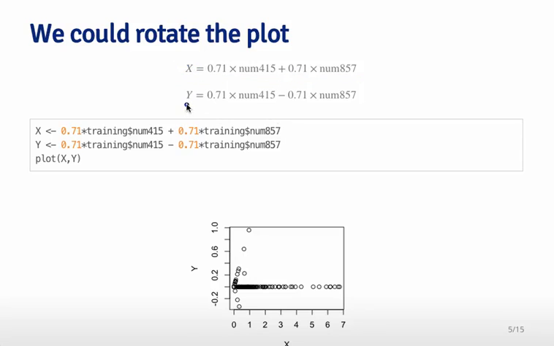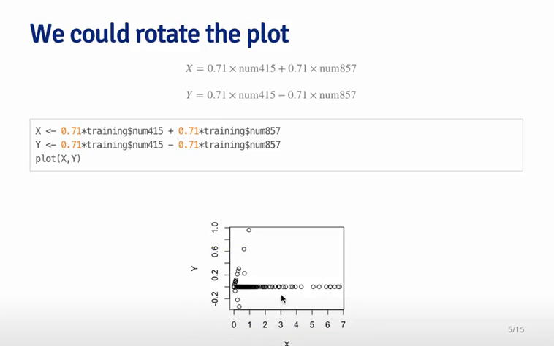Then I could take the difference of those two variables by doing 0.71 times 415 minus 0.71 times 857. So x is adding the two variables together, and y is subtracting them. Then if I plot those variables versus each other, when I add them up, that's the x-axis, and when I take the difference, that's the y-axis.